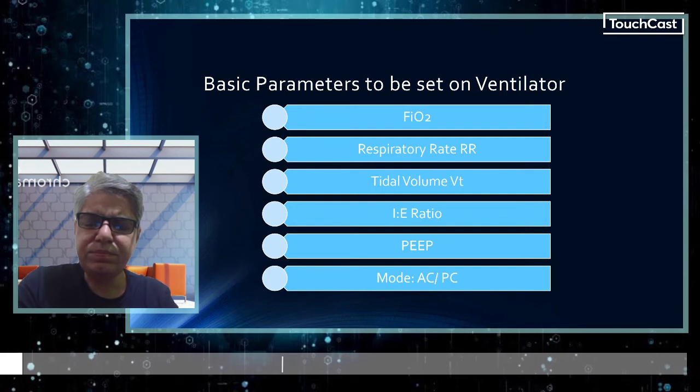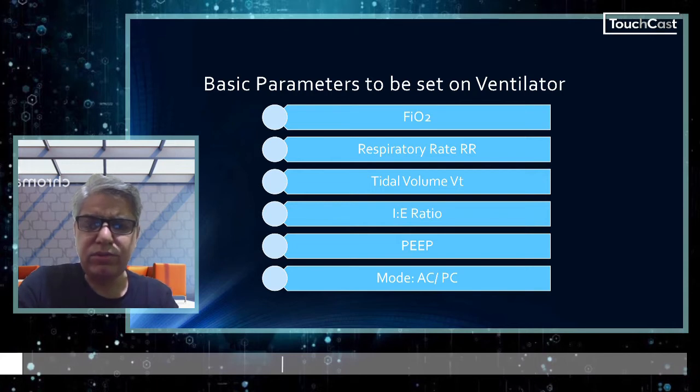Respiratory rate. So the other dial that has to be set is the respiratory rate. Normally, respiratory rate has to be adjusted as close to the physiological respiratory rate that is normal for that age group. So, for example, if you are intubating a neonate, the neonate can have a respiratory rate of up to 50, 60.